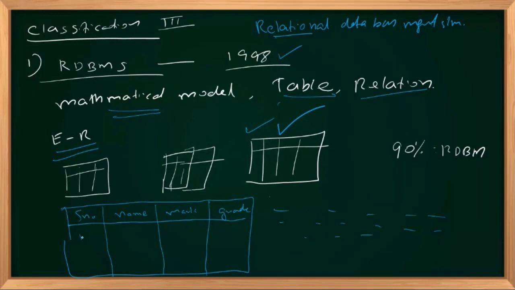Student number 111, student name A, B, C, mark 70, grade A. 112, next student B, C, D, mark 60, grade B. In this manner data is stored in an RDBMS model.